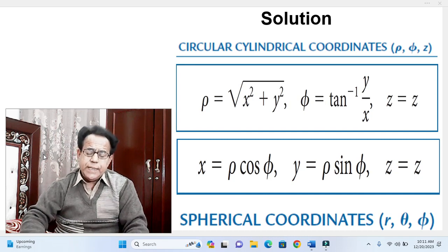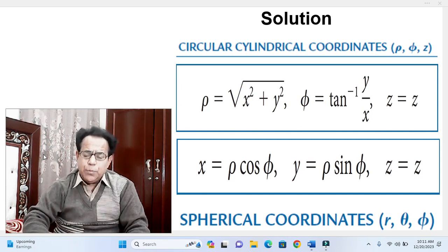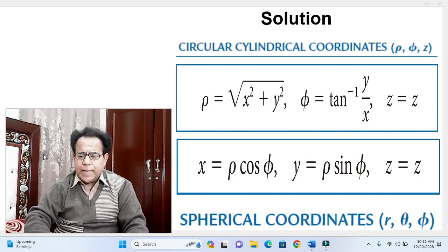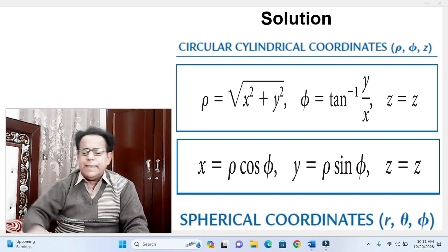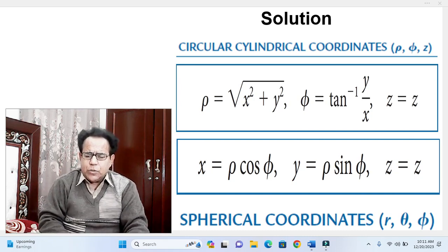So in the solution, the first snapshot is about circular cylindrical coordinates rho, phi, z, where the formula for determining rho is the square root of x squared plus y squared, and the formula for determining phi is phi equal to tangent inverse of y over x, while z is the same as given in the statement in Cartesian coordinates.